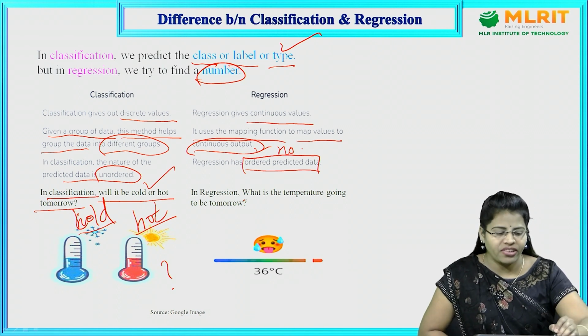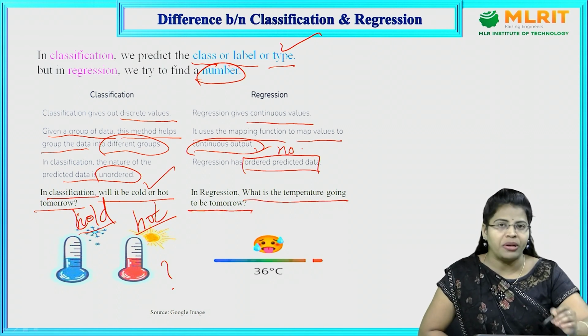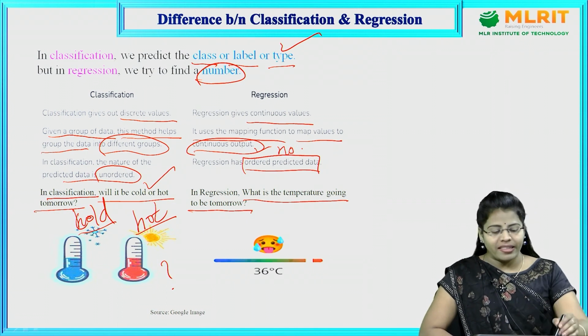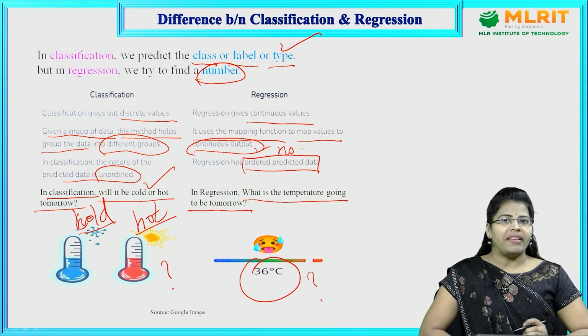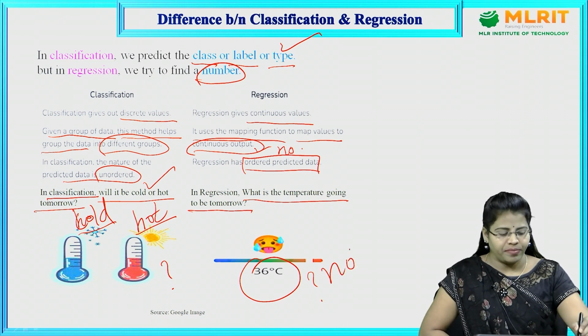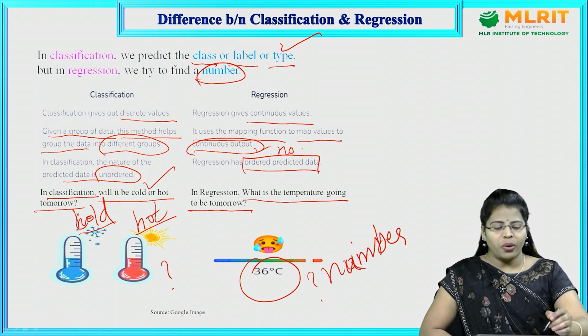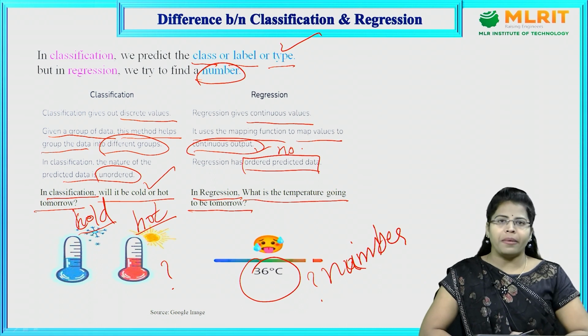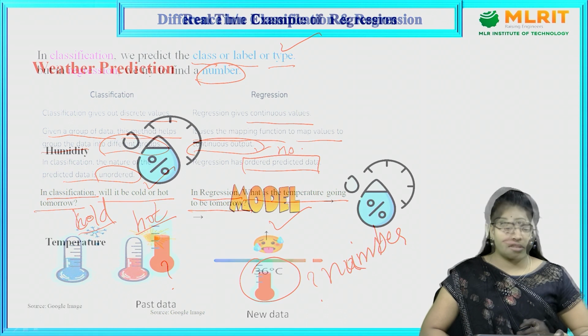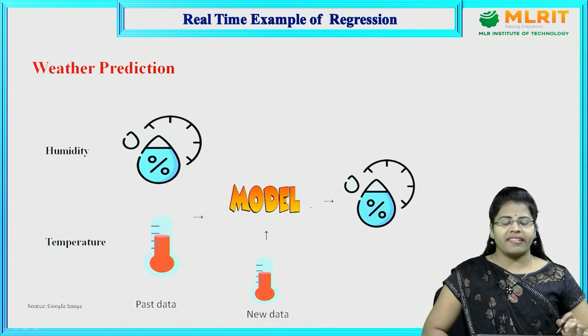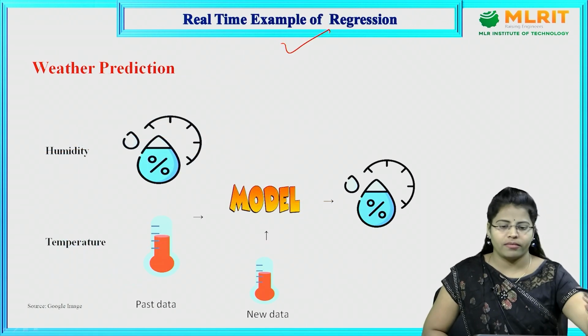Next, in regression, what is the temperature going to be tomorrow? That means the exact value it is going to predict. It may be some number only. That means the output of a regression will be a number. So this type of problem comes under regression. Next, some real-time examples of regression.